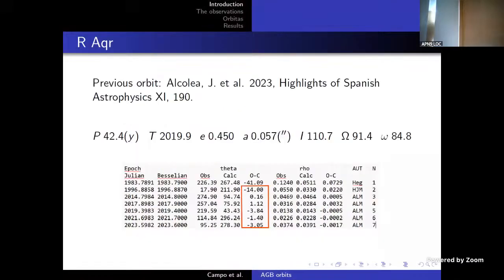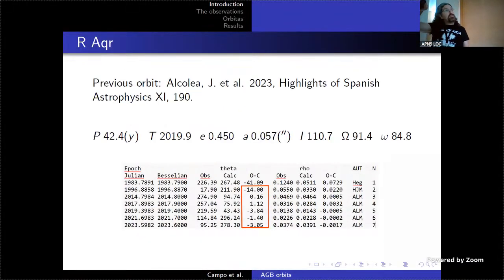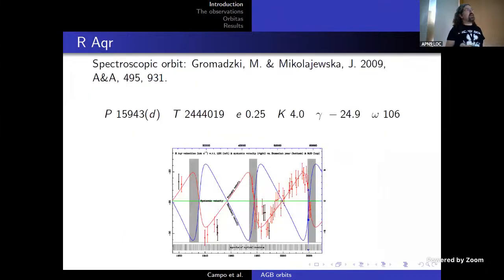In the case of Ara, the residuals of the separation are acceptable, but in the residuals of the position angle we can see large errors, which for high-resolution techniques like this are not very good. For this star we also have a spectroscopic orbit.